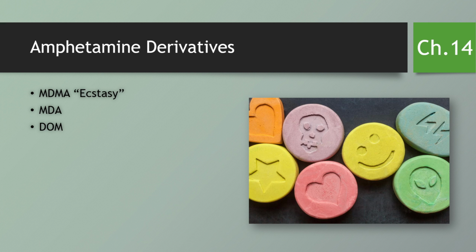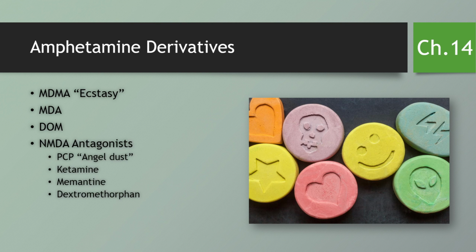It's pretty potent. It's 100 times more potent than mescaline, and about 1/13 as potent as LSD. So it's sitting somewhere in the middle there, but again has more of these amphetamine derivative effects. Then we have NMDA antagonists.